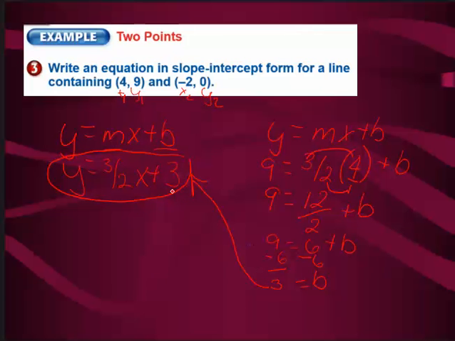Let's see if we get the 3 if I use these two. So again, I'm going to use y equals mx plus b. My y value is 0, same slope as 3/2, and my x value is going to be -2. I'm looking for b.